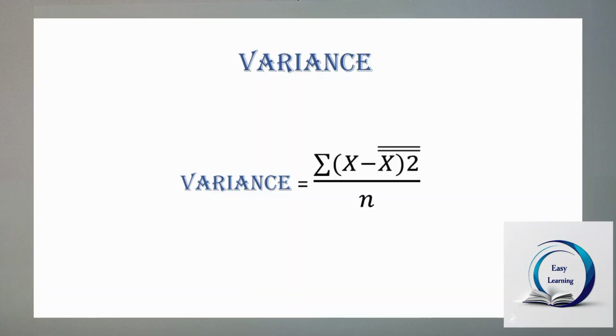It is given by the formula sigma square is equal to summation of x minus x bar square over n.